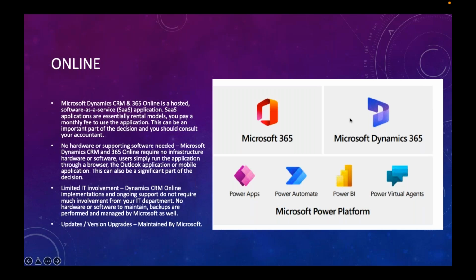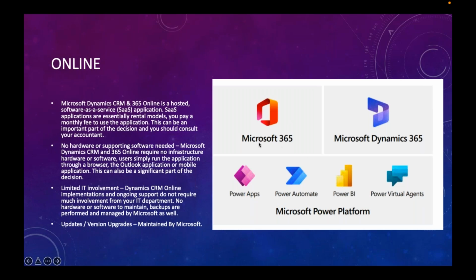Then they will provide a better solution on how we have to do it, or otherwise they will do it from their back end, from their side. Mostly they will do it, but sometimes they ask us to do it ourselves. It depends upon the requirement and the scenarios. So these are the points I can say about online.